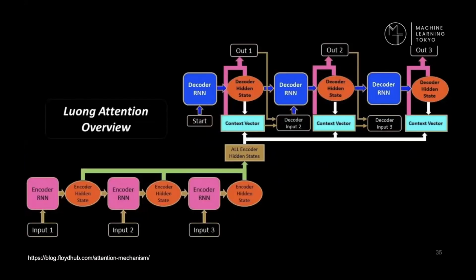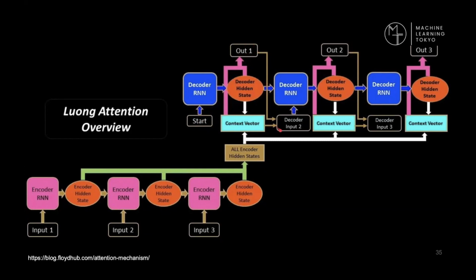Now we have the Luong attention, which is the same sort of animation which I was showing you, but I'm going to just explain it once more. So you have the same encoder part, except the only difference is instead of just passing the last hidden state, you pass all the hidden states. You take all of these hidden states and create a context vector, and you use this context vector and the hidden state from the decoder RNN to produce an output.